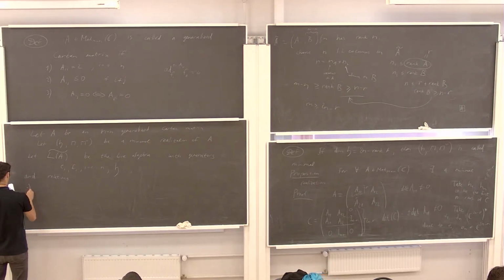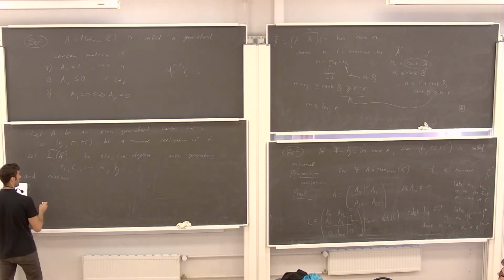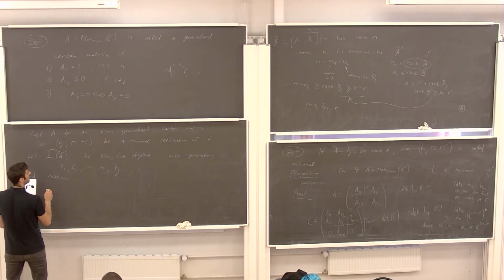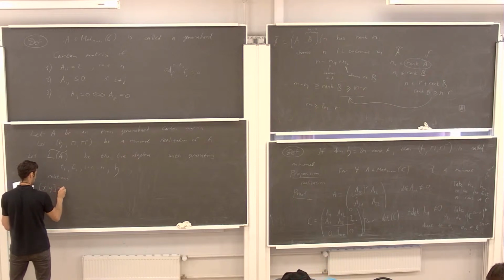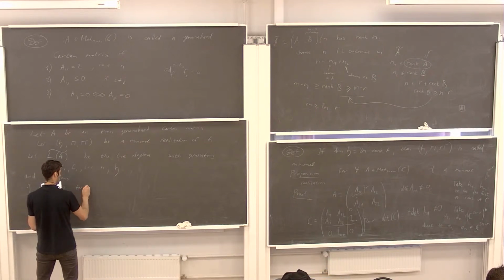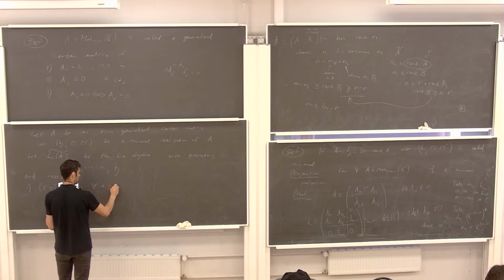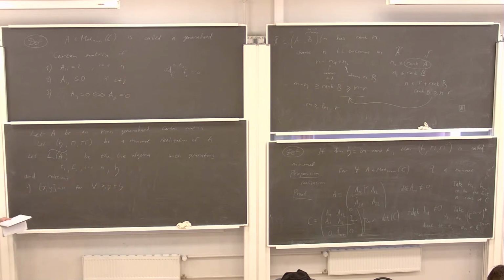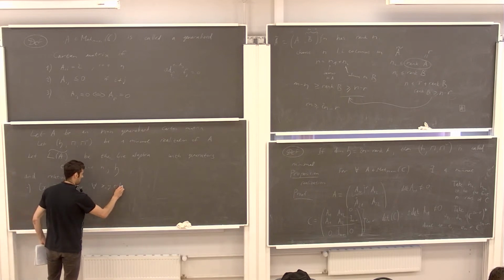So relations are like that. Well, I have [x, y] equals 0 for all x and y in h. I cannot now only write this with h_i and h_j because h is more than just the span of the h_i. All right.